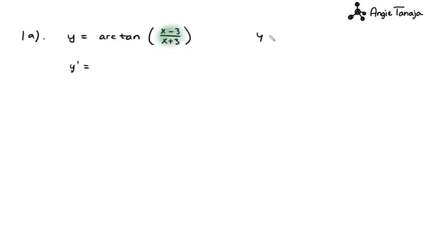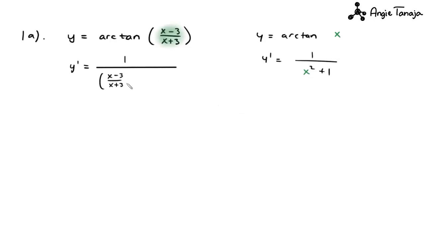According to our memorizing, the derivative of arctangent x is 1 over x squared plus 1. So it's simply 1 over x squared plus 1, and because this is not really x, you times it with the derivative of this.